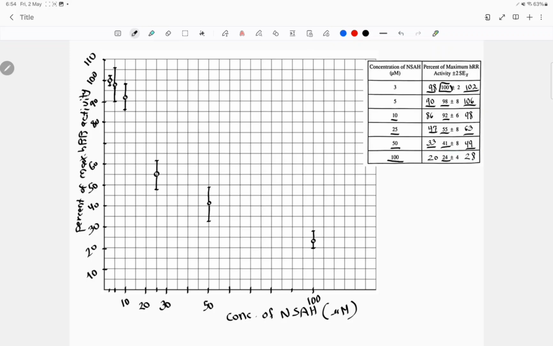Line graph means you must connect them all by lines. 1, 2, 3, 4, and 5. And that's what my graph should look like. Okay.